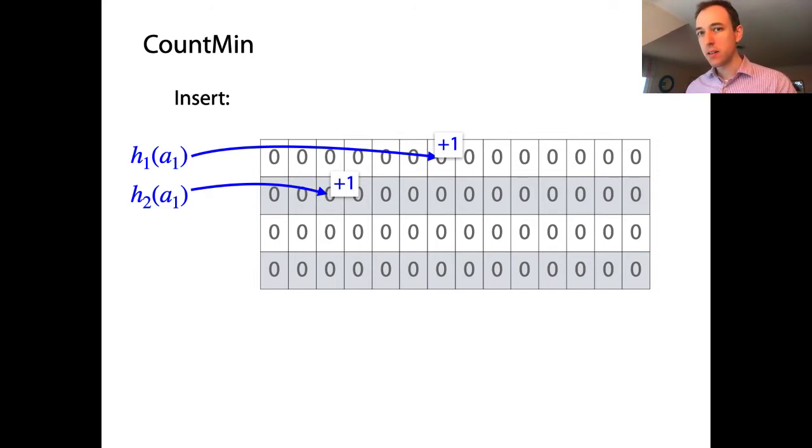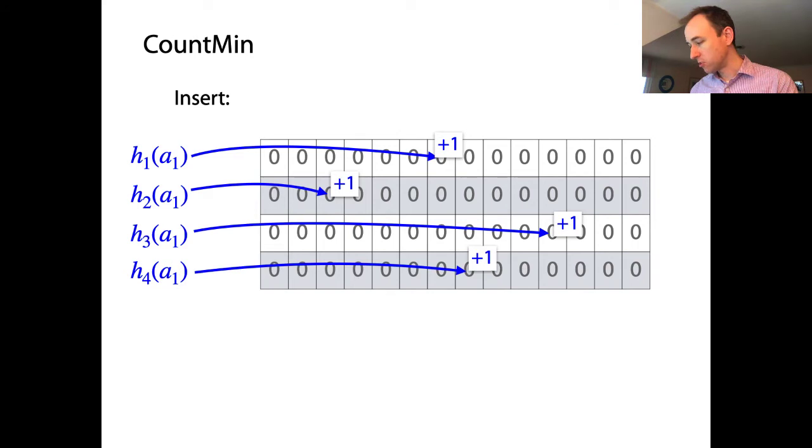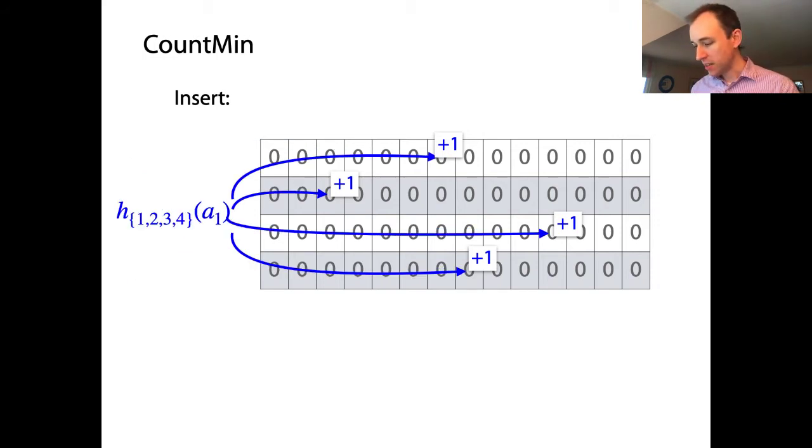We will increment that value by 1. h sub 3 similarly sends it to a different column. h sub 4 similarly sends it to a different column. And I won't always want to write out these 4 different invocations of the hash function, so sometimes I'll abbreviate it by just putting h once and then putting 1, 2, 3, and 4 as a set-wise subscript for h. All right, so h sub 1 is mapping a sub 1 here, h sub 2 is mapping a sub 1 here, etc.